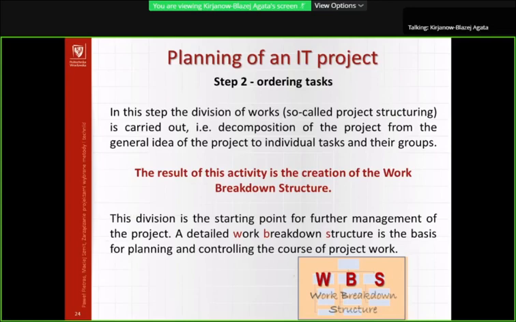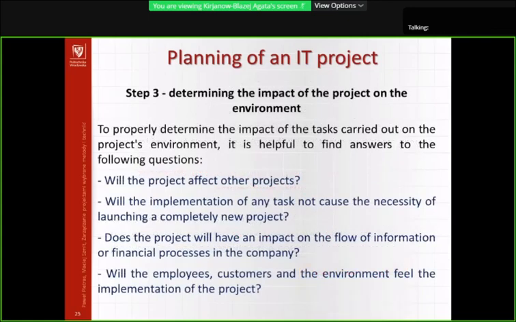And next step, third step, determining the impact of the project on the environment. To properly determine the impact of the tasks carried out on the project's environment, it is helpful to find answers to the following questions. Will the project affect other projects?